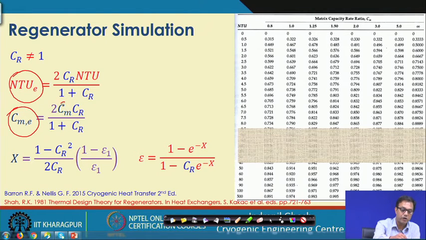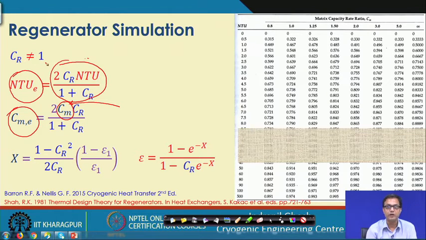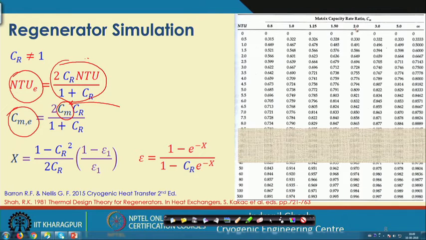As suggested by Keshav, CM equivalent becomes CME, comprising CM multiplied by CR divided by 1 plus CR, and effective NTU is modified by this relation. So, now you have the effective NTU and effective CME, that is the matrix capacity rate ratio.